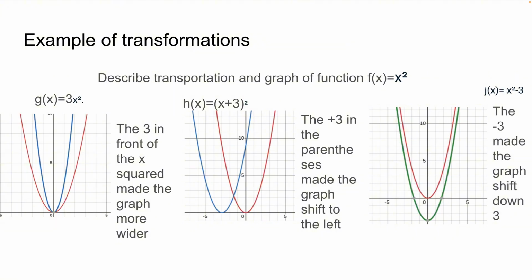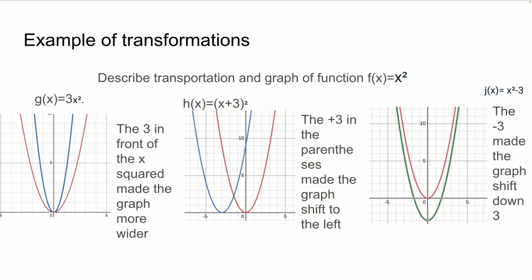Now, onto our second problem. h of x is equal to (x plus 3) to the power of 2. If you look at the graph, the 3 in the parentheses made the graph shift to the left. That's how it works. And then on the right hand side, look at the graph, look at the equation. j of x is equal to x squared minus 3. The negative 3 made the graph shift down 3.